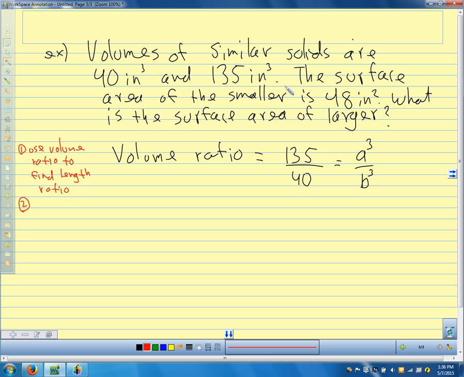Step 2, since the question asks us about surface area, we're going to use the length ratio to find the area ratio. So this is our plan here. And then 3, we know ultimately that we're going to set up a proportion to find the area.